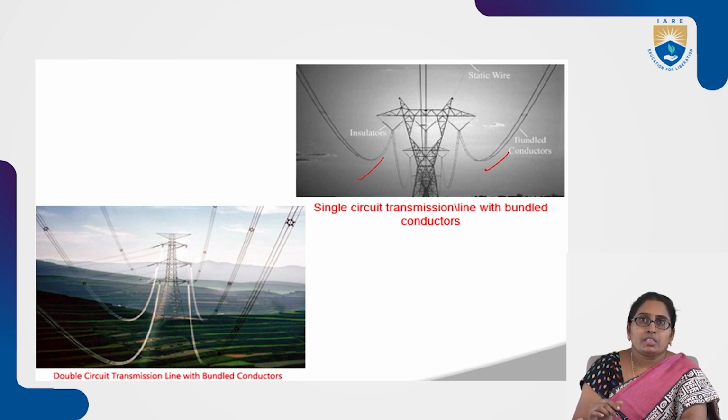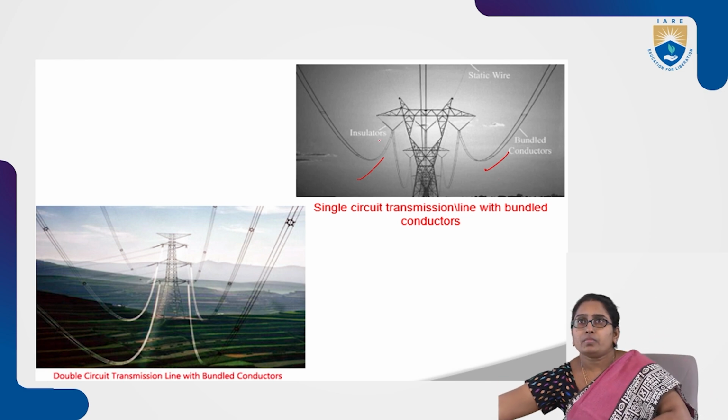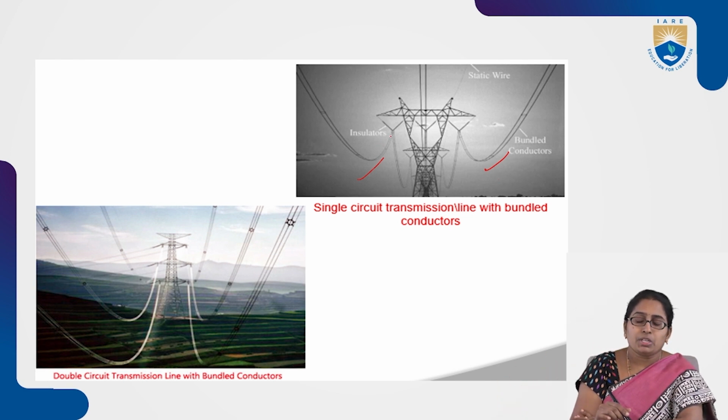And you can see how the transmission line looks. This is one type of transmission tower, where the transmission lines are running from one place to another. The lines are placed on the transmission towers, which are also called supporting towers, by using insulators.